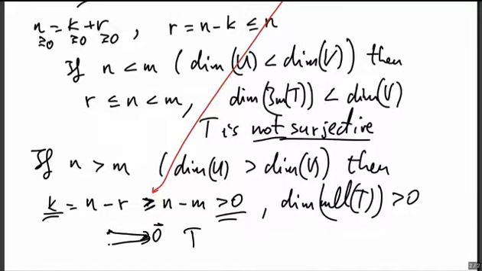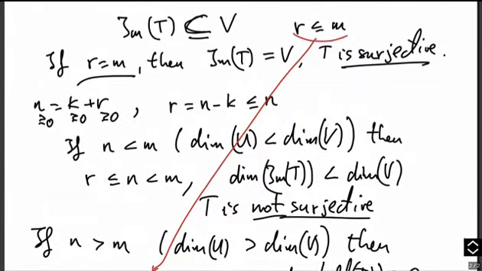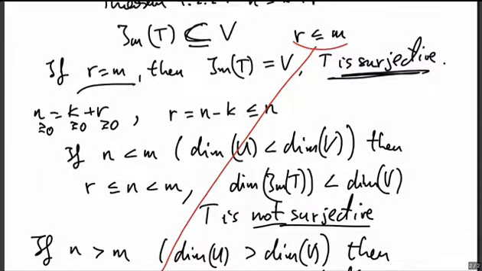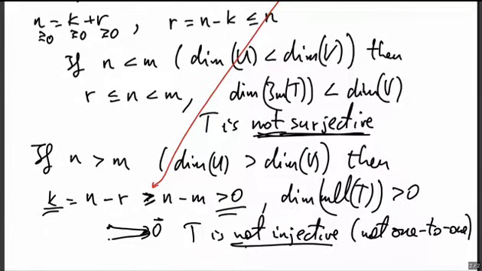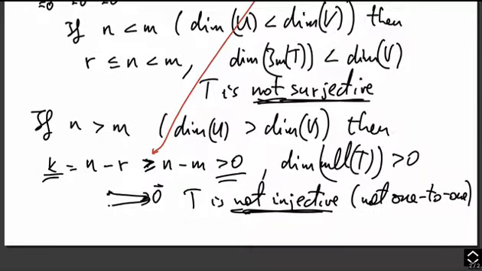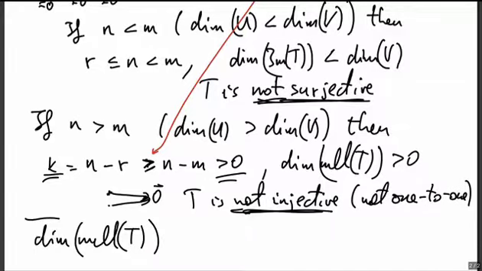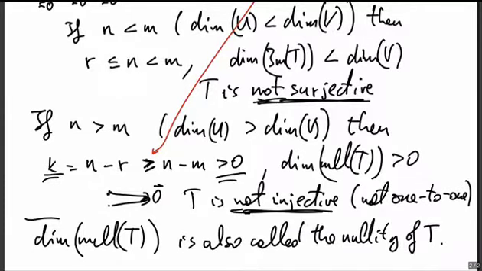So the transformation T is not injective, which means not one-to-one. So we have several special cases to see when a transformation is surjective or not surjective, injective or not injective. In the next section, we will use it for matrices. There is also a small definition here: the dimension of the null space is also called the nullity of T.